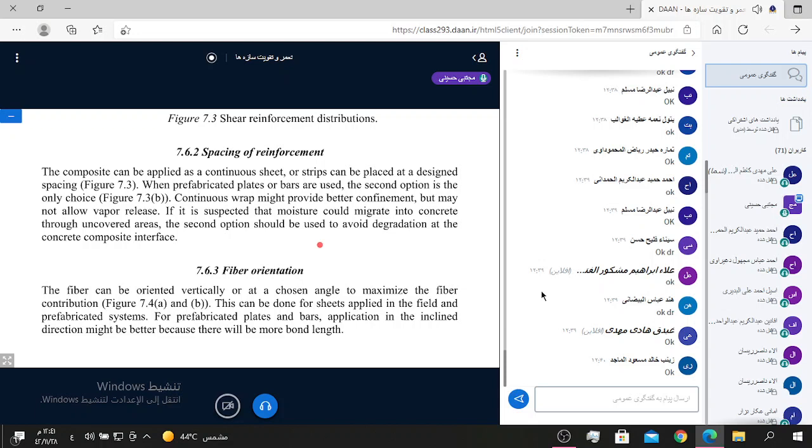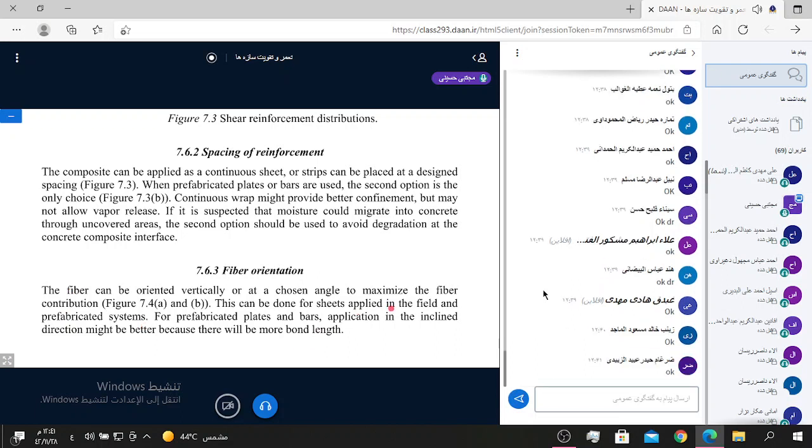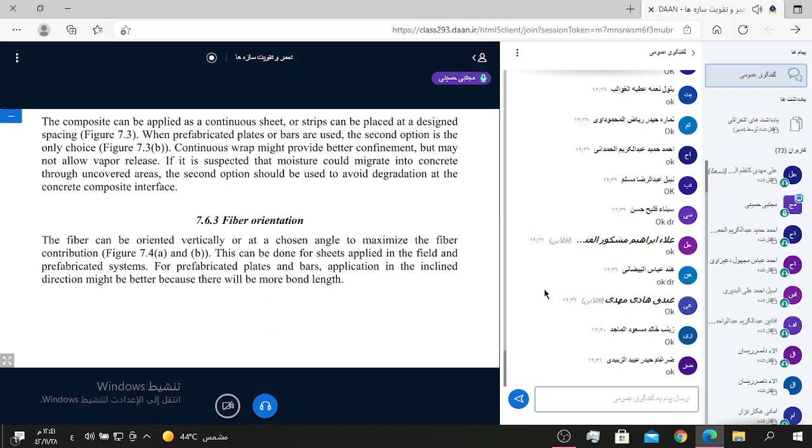If we have confinement, fiber can be oriented vertically or at a chosen angle to maximize fiber contribution, okay? This can be done by sheet applied in the field and prefabricated systems, with plate and bar applied in the inclined direction, which may be better because there will be more bond length.